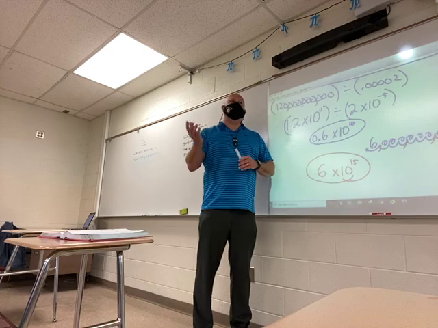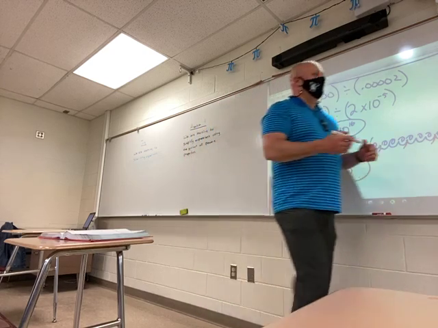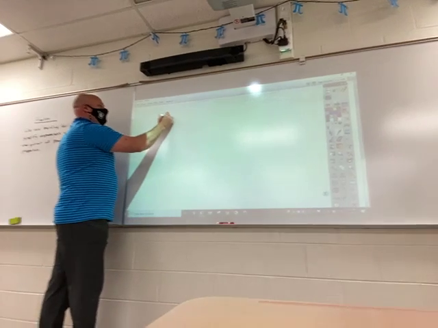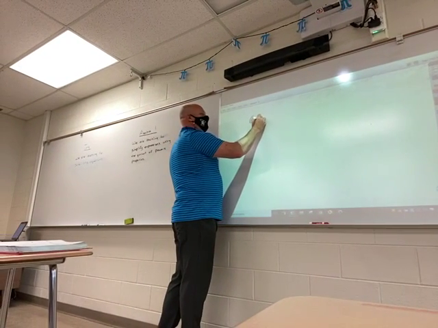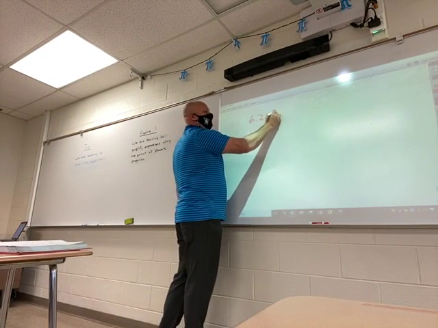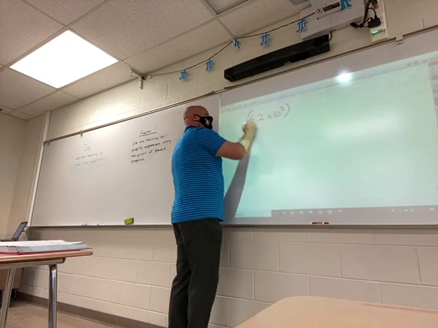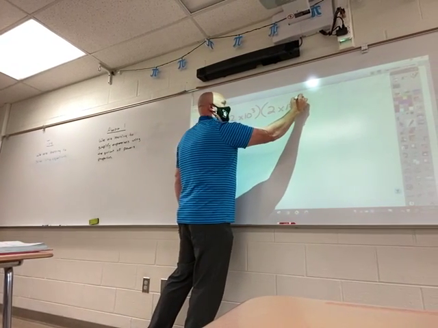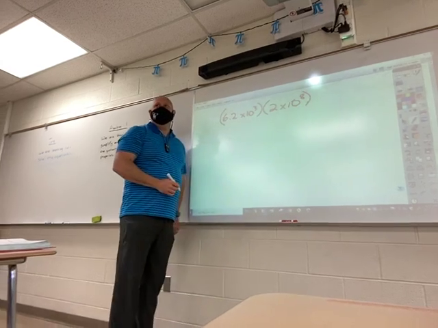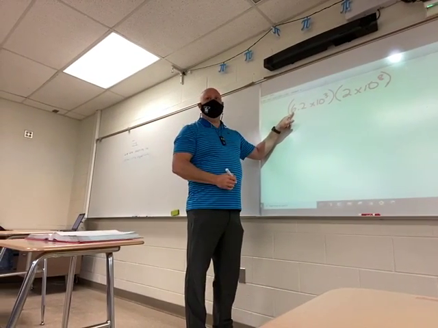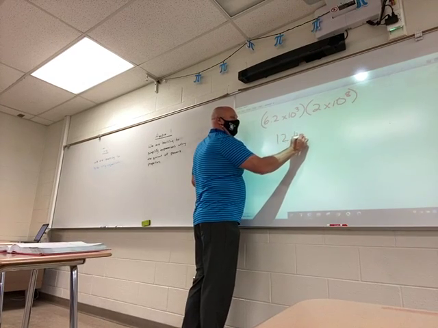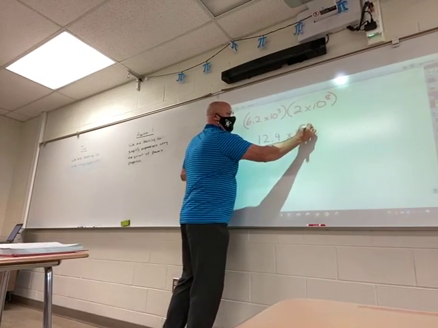If it was something like 6.2 times 10 to the third times 2 times 10 to the 8th, when I multiply these, I get 12.4 times 10 to the 11th.